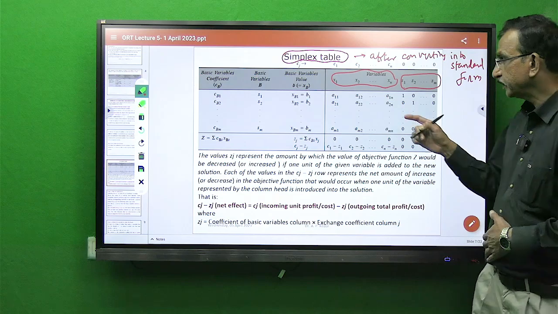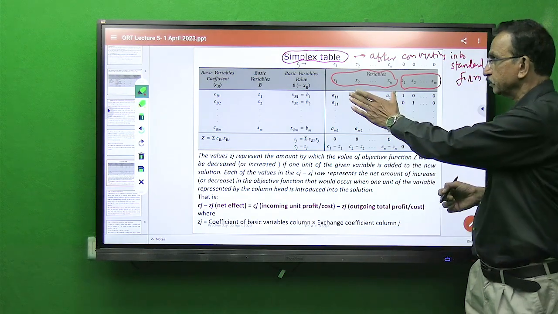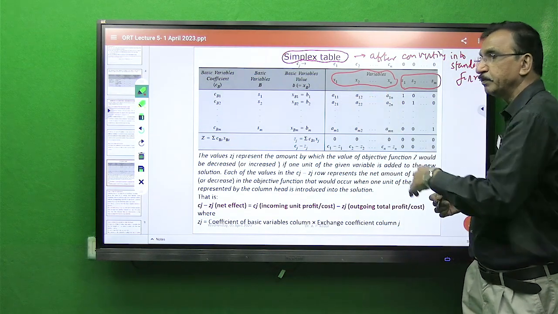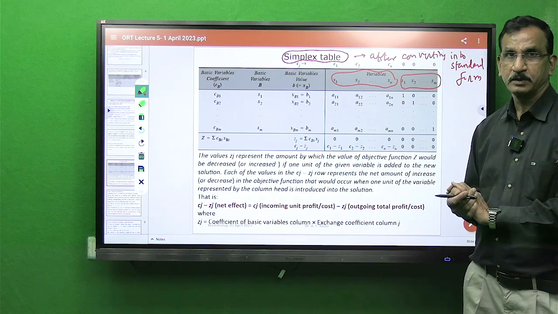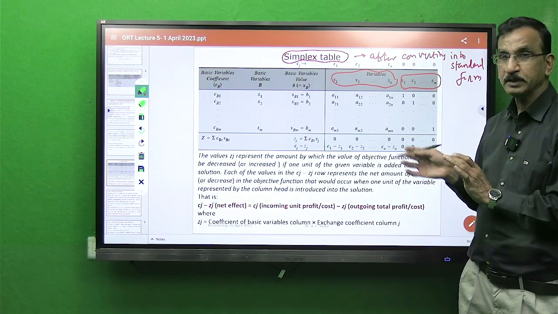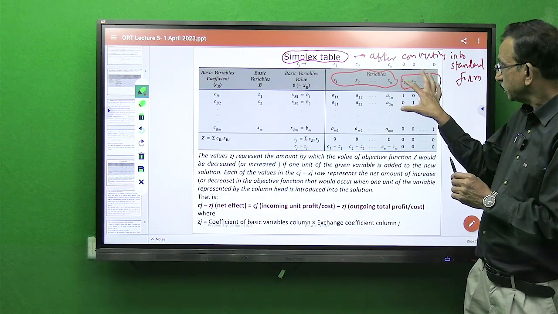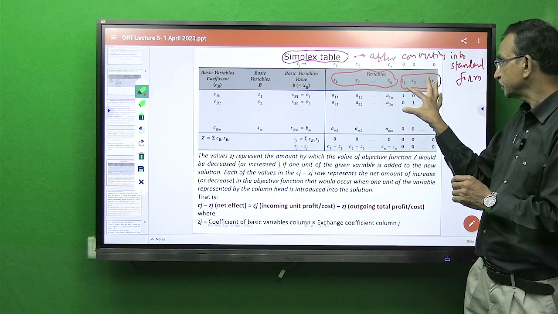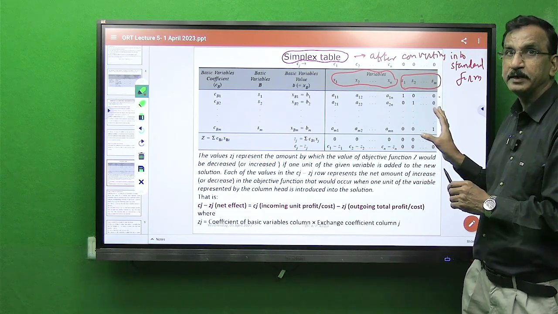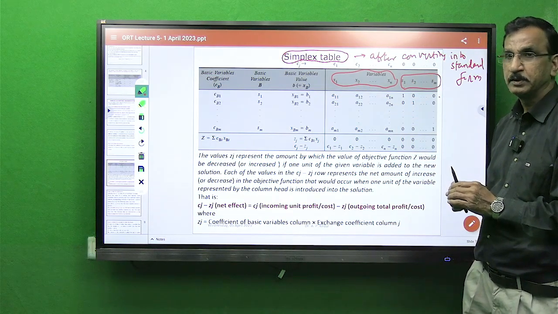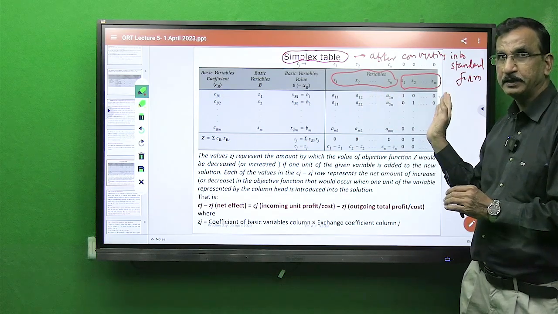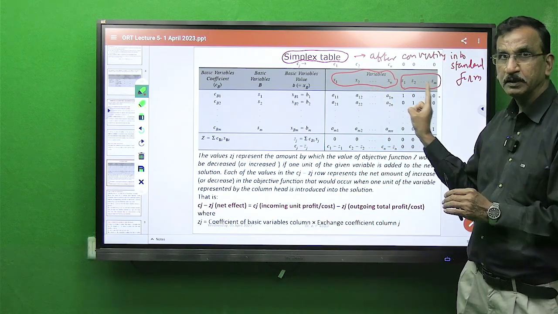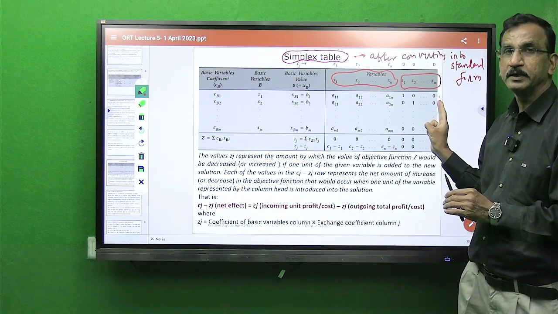Now I will explain this table. This part of real variables is called the body part of this matrix. Other than the real variables, this part is referred to as the identity part of the matrix. Body part, identity part. This is the body part, this right side is the identity part.